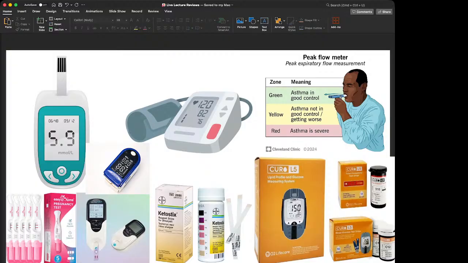So it's important to let patients know how those monitoring devices should be used, and what kind of test readings they should look out for when using these test kits.